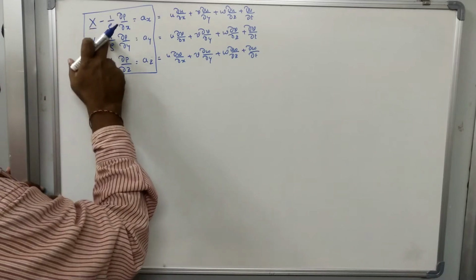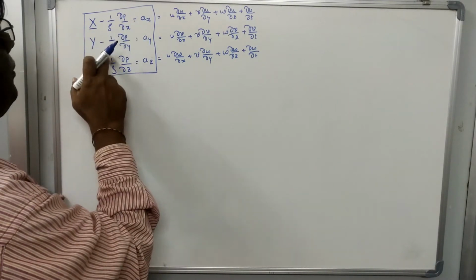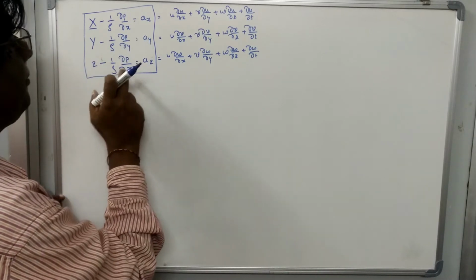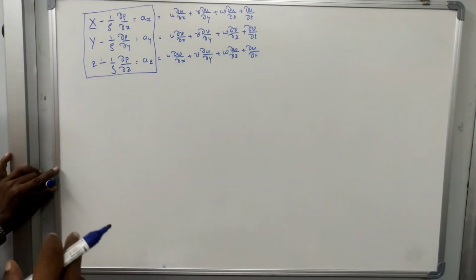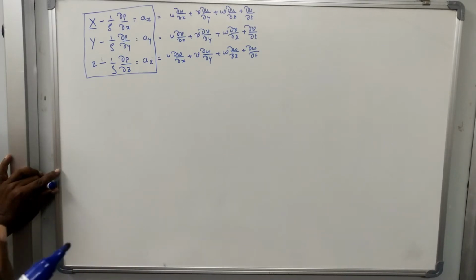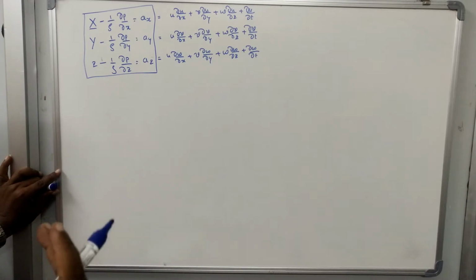X minus 1 by rho ∂p/∂x equal to ax, Y minus 1 by rho ∂p/∂y equal to ay, Z minus 1 by rho ∂p/∂z equal to az. So this is the Euler's motion equation in terms of acceleration, and it involves only two external forces, that is the body force and the surface force.